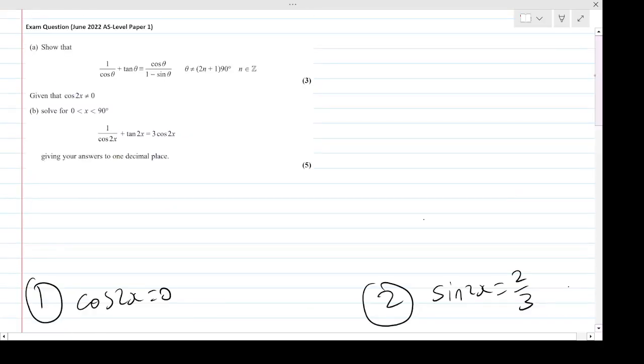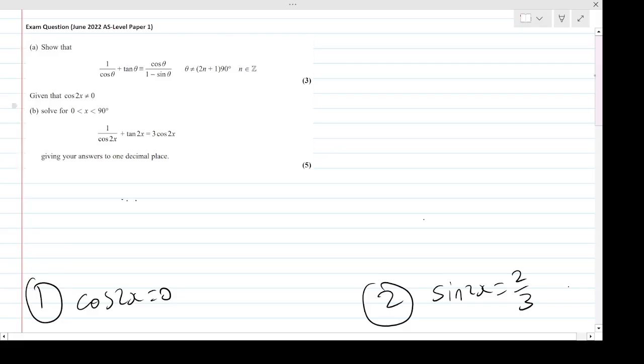Now, that actually makes sense. Why have they told us this? Pay attention to the question. We are dividing by cos 2x here, this fraction 1 over cos 2x. If cos 2x was equal to 0, we'd basically be doing 1 divided by 0. That obviously cannot happen. You can't divide by 0.